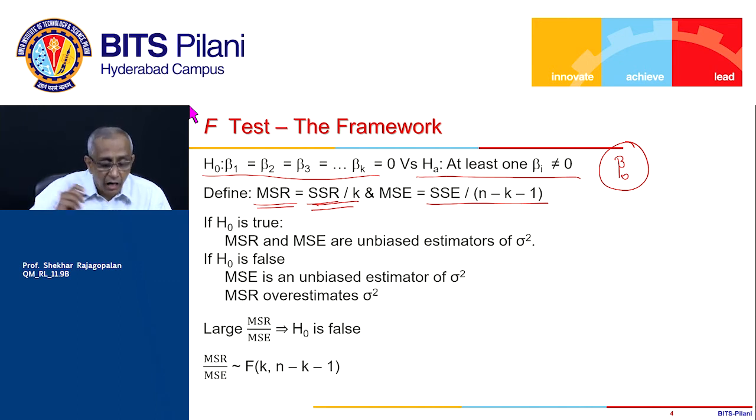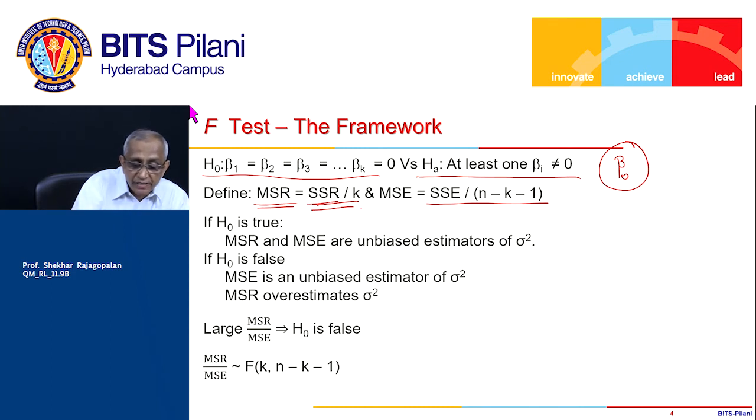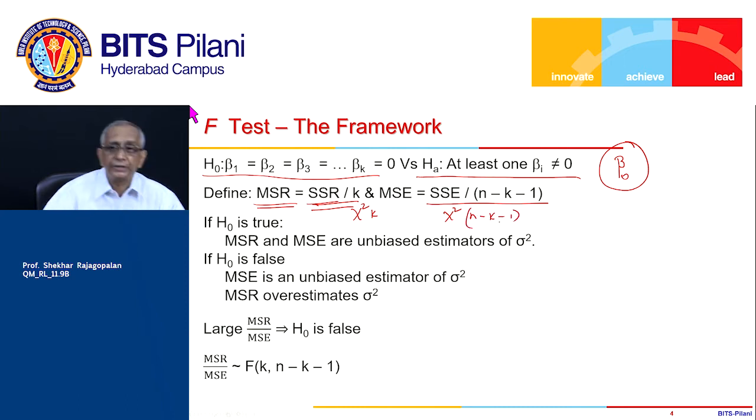Now, it's not quite part of our course, but the first one, MSR, is a chi-square distribution with k degrees of freedom, and MSE, I mentioned it earlier, is a chi-square distribution with n minus k minus 1 degrees of freedom. And one way of defining an F distribution is it's a chi-square distribution divided by another chi-square distribution. And that's where the F-test is coming from.